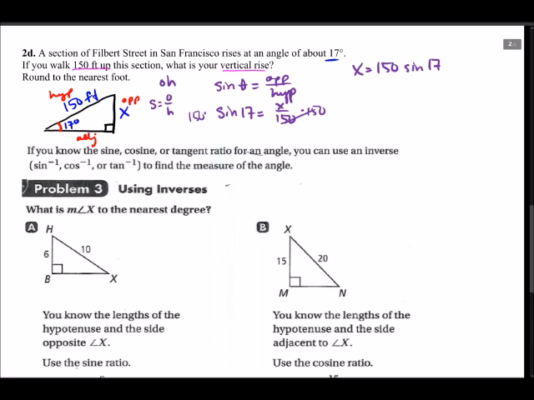And we can put it in our calculator or on your trig table. That is 0.2924.